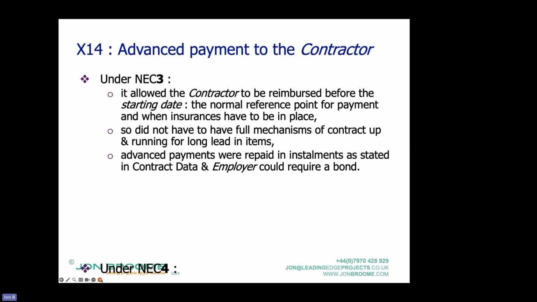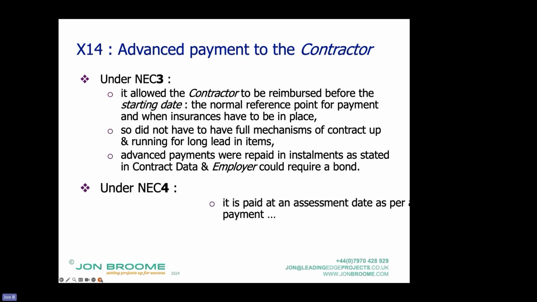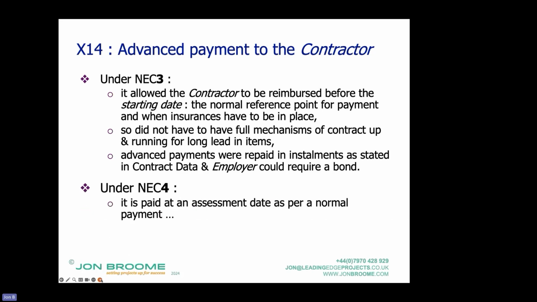In NEC 4, they changed it, and it's paid at an assessment date as per a normal payment. So all the contract mechanisms have to be up and running. Okay. So under an option A contract or B contract, as a contractor, I could just specify it as a normal activity. I'm going to put a down payment on the tunnel boring machine.